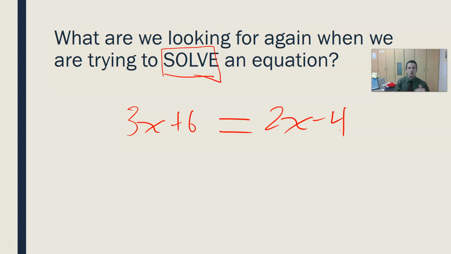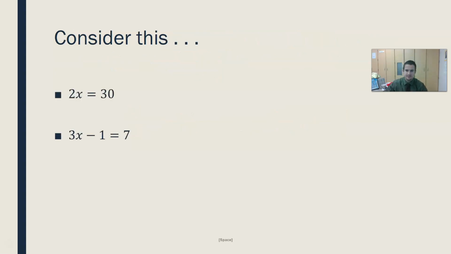When I have numbers and variables on one side of an equal sign and numbers and variables on the other side, that is an equation. When I say solve, typically I'm asking you to get a certain variable by itself. In this case, it would be x.